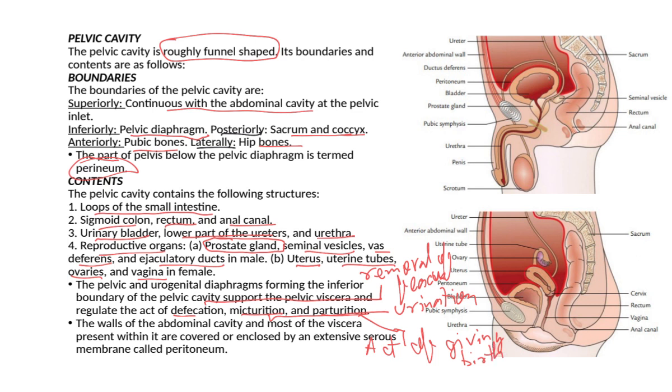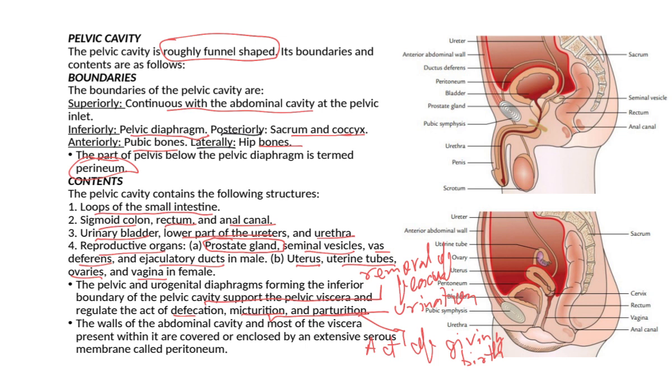So remember this: defecation, removal of feces; micturition is urination; parturition is the act of giving birth. So the pelvic and the urogenital diaphragms that form the inferior boundary of the pelvic cavity support the pelvic viscera and regulate the acts of defecation, micturition and parturition.